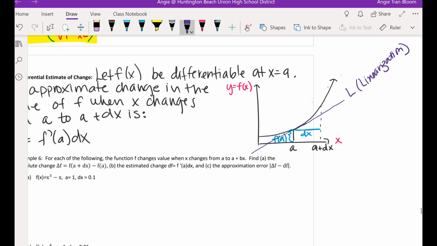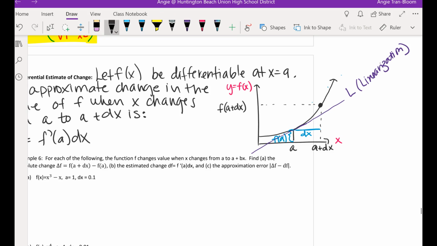Well, if you look at this, okay, so this is what it's saying. So we know dx is the change in x, okay? We picked a plus dx, which is this dot right here, all the way over here. Would you agree this is f of a plus dx?